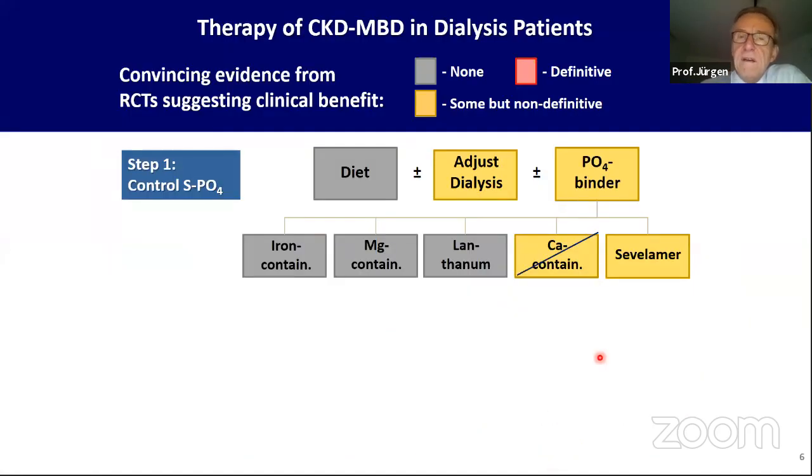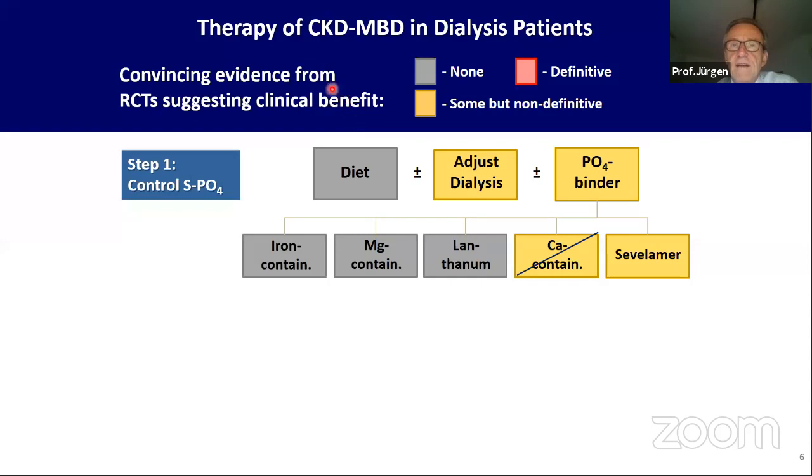So what I've done, and this is how I will structure the lecture, is I've asked myself, where do we have convincing evidence from randomized clinical trials? And I'm stressing the clinical here, suggesting clinical benefit. And this is important to stress. We have lots and lots of data on biochemistry, but very little data on clinical benefit.